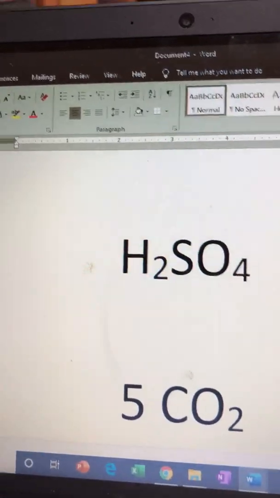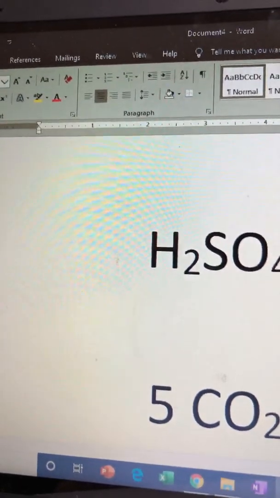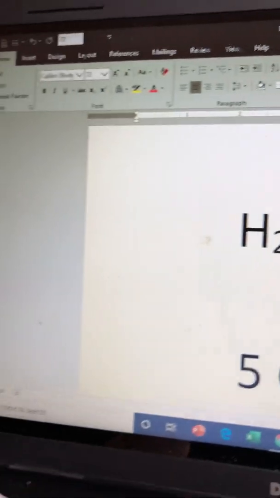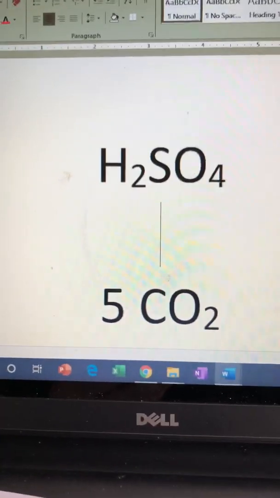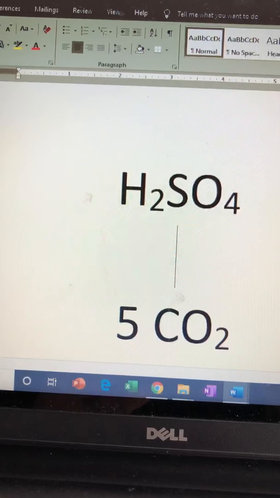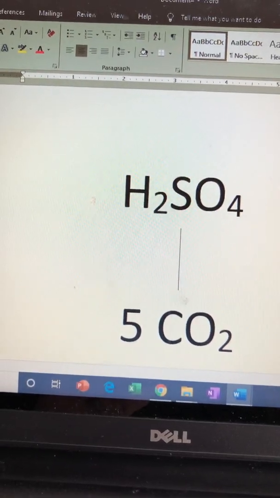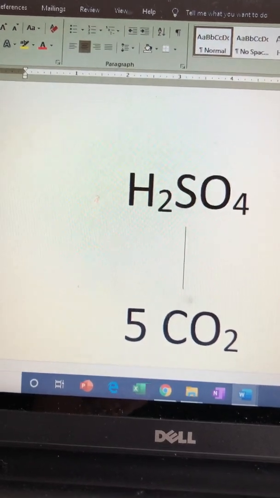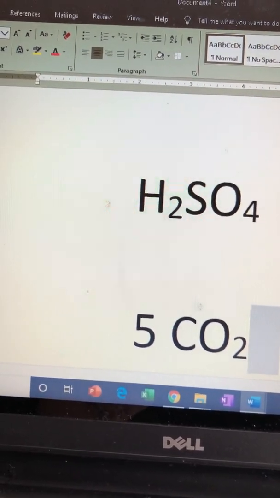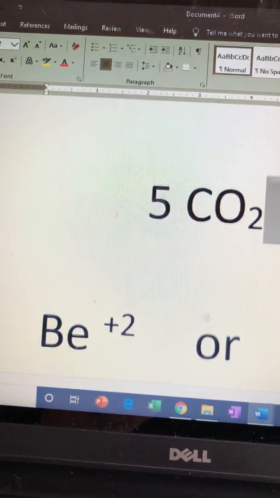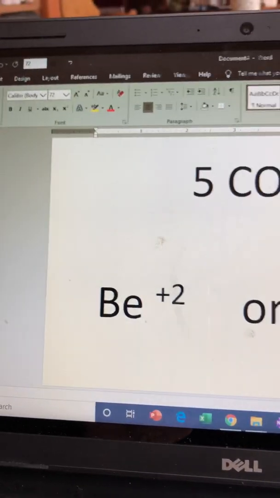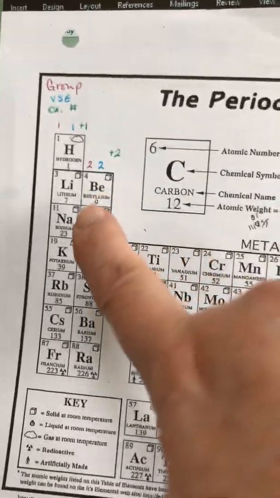So here I have an example of a positive one, which is called the cation, and a negative one, which is called the anion. So beryllium has a +2 charge. If we look on our periodic table, you see that beryllium is right here.